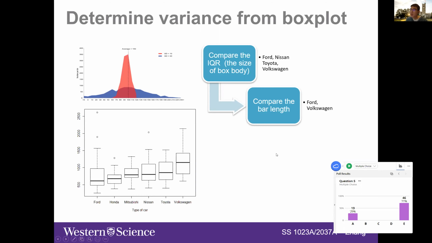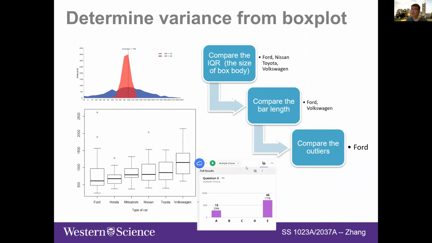And finally, we are going to look at whether there are outliers. In fact, outliers have a really large influence on our data set because when we calculate the variance and the standard error, we compute the distance of each point.